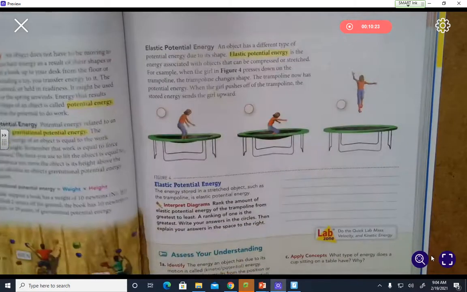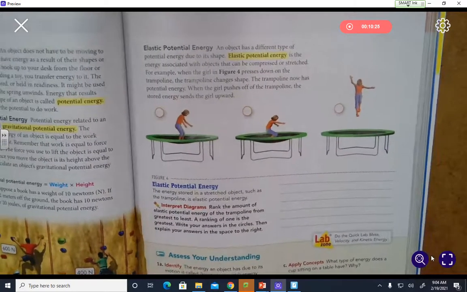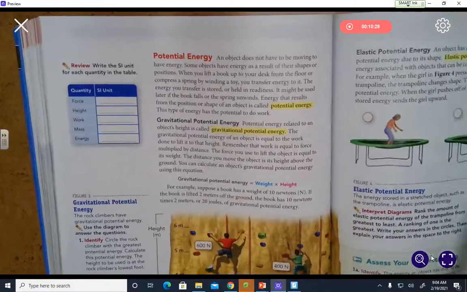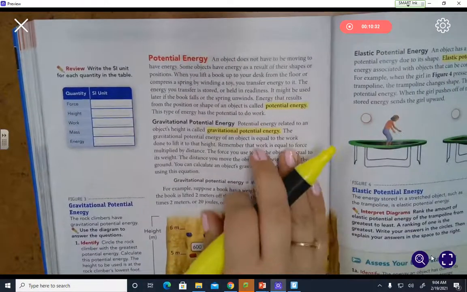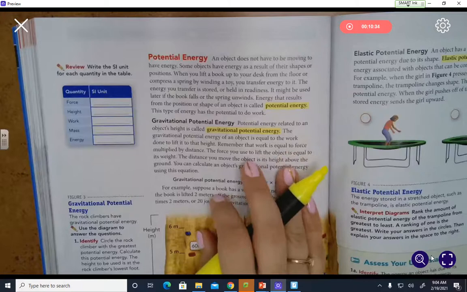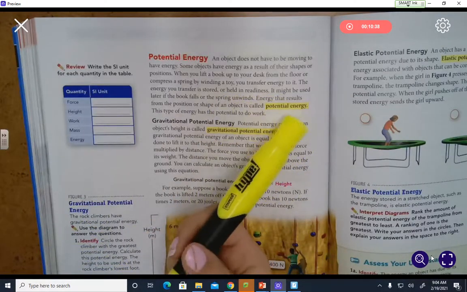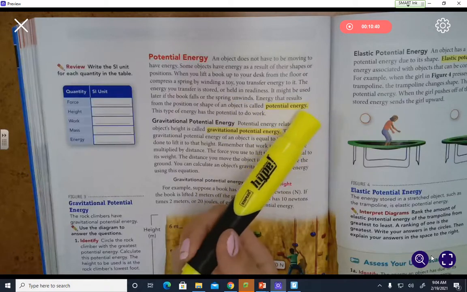Turn the page. And now we're going to talk about potential energy. Potential energy. An object does not have to be moving to have energy. Some objects have energy as a result of their shapes or positions.